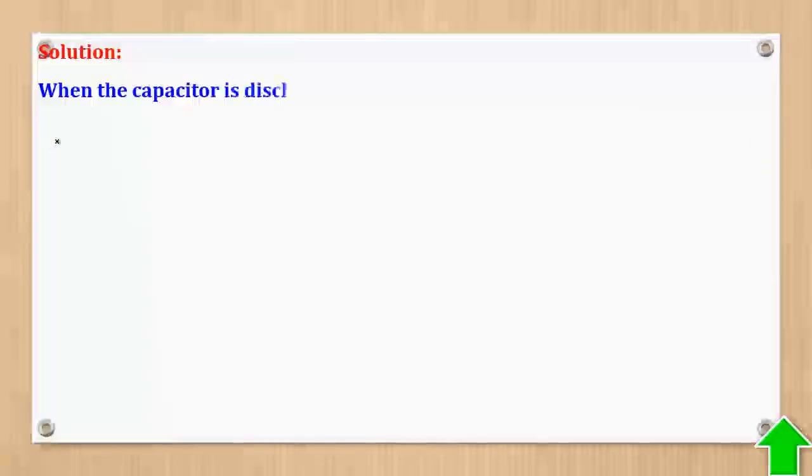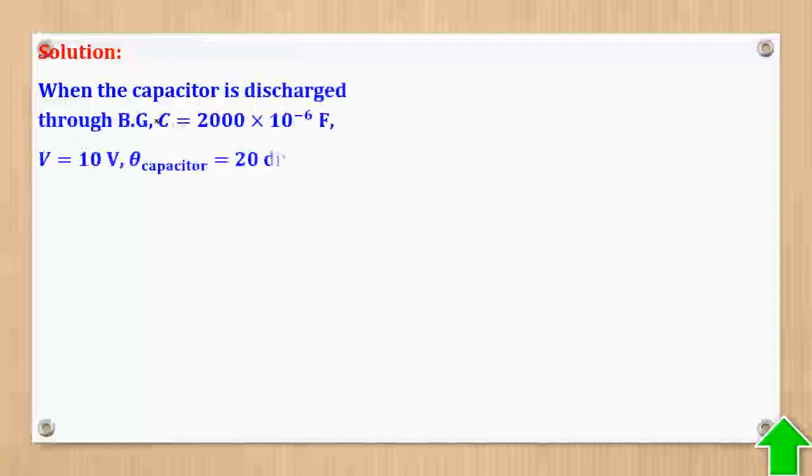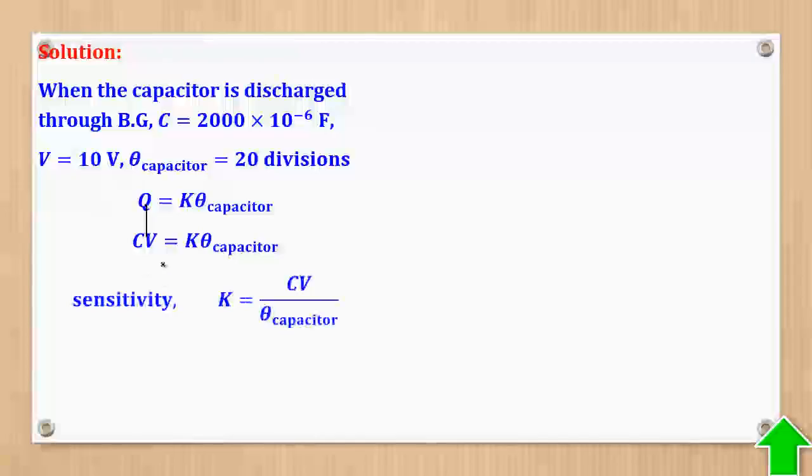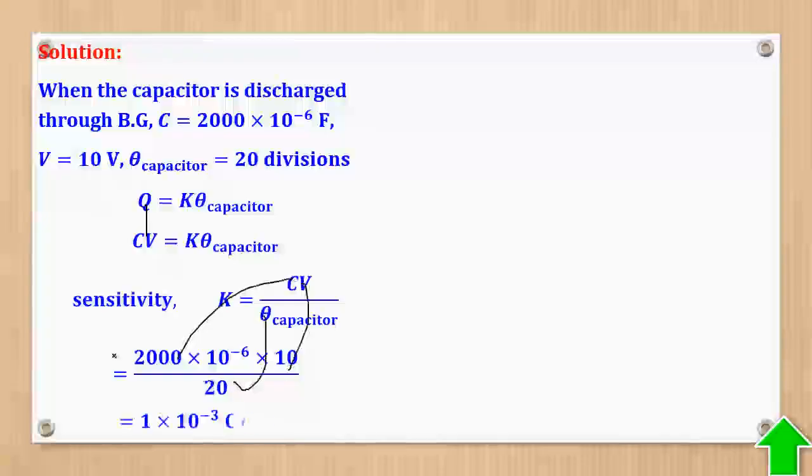So we shall say that when the capacitor is discharged through the ballistic galvanometer, like we have said, Q is equal to K theta for the capacitor, then substitute for Q, which is this, then make K the subject, and substitute for C, for V, and for theta. Get the sensitivity.